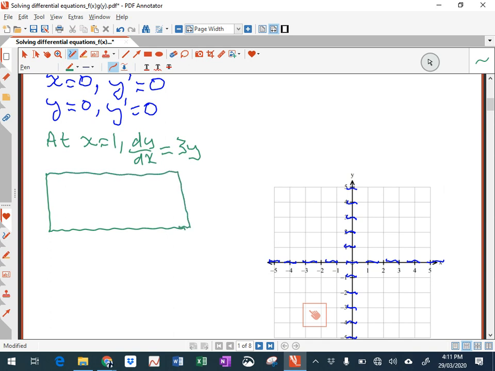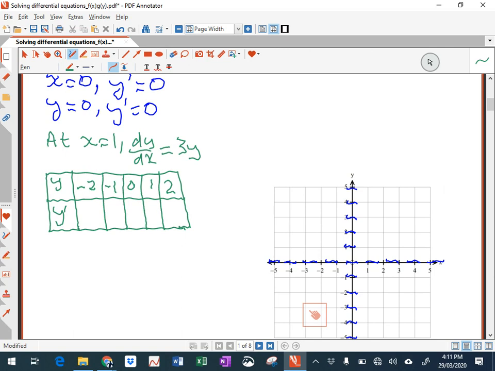Now I'm looking at all the points along x equals 1. I just want to know what the y values are and what the derivative values are. So I'm going to go from -2 to -1, 0, 1, and 2.